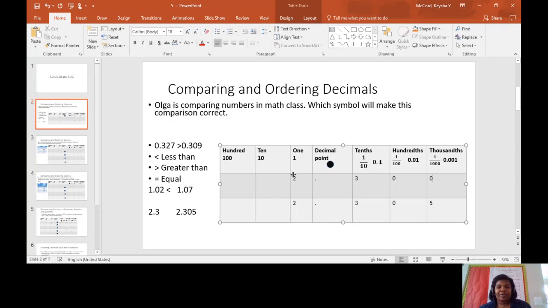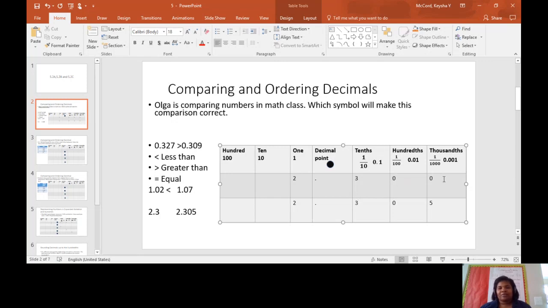So let's get started. 2 and 2. What do we know about those two numbers? They're equal. 3 and 3. What do we know about those two numbers? They're also equal. So I'm going to move to the next place value. 0 and 0. Well, what do I know about 0 and 0? They're also equal.